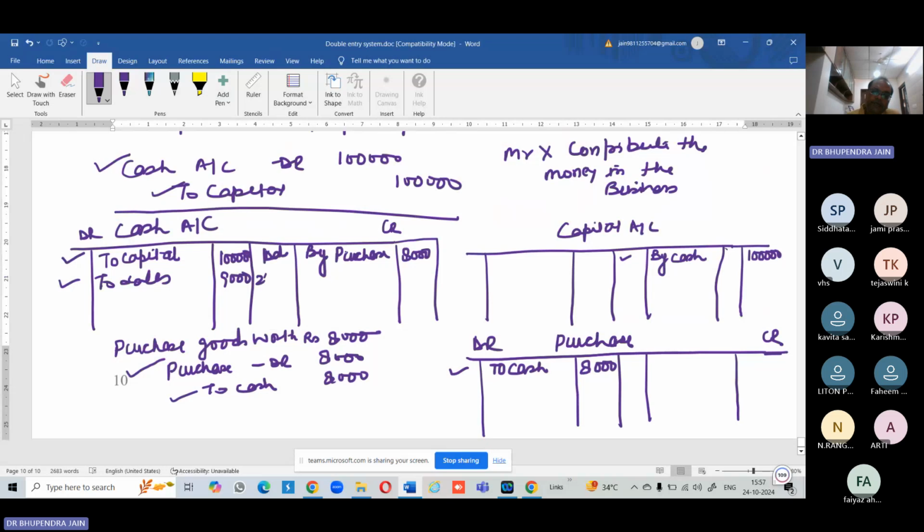So write down the date here. 24th October 2024. In the cash account, cash is given in the credit side in the entry. So post in the credit side with the name of the opposite side, machinery. कितना? 10,000. This is the ledger creation.